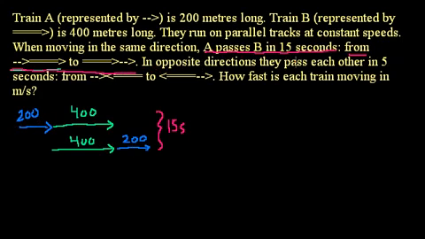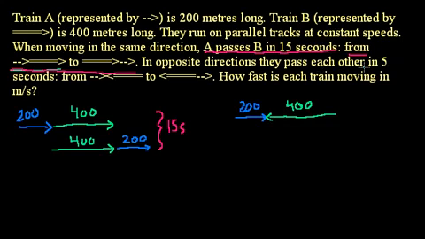And then in opposite directions, they pass each other in 5 seconds. So from this configuration to that. So let me draw that. So in the opposite direction example, they start like this. Train A is 200 meters. Train B is facing in the other direction. I drew it probably a little bit too long. 400 meters.